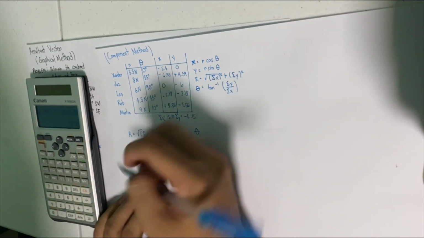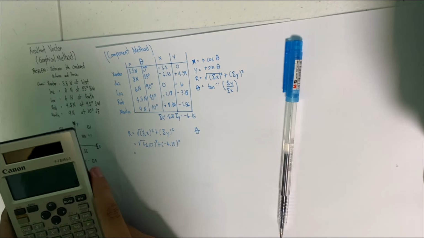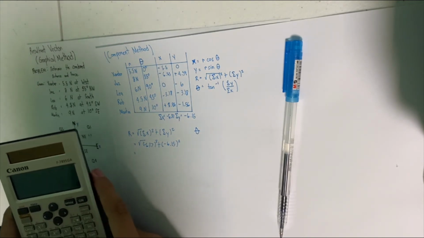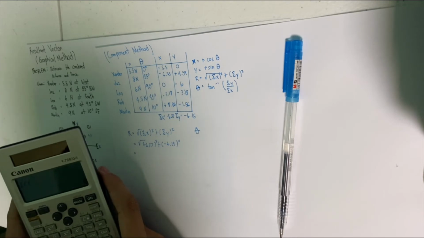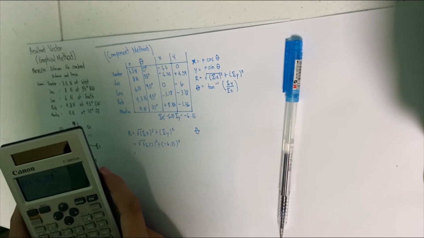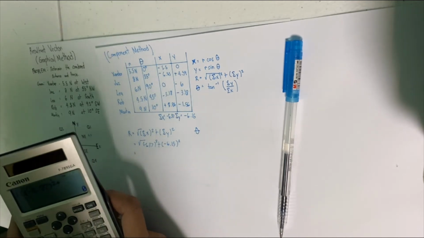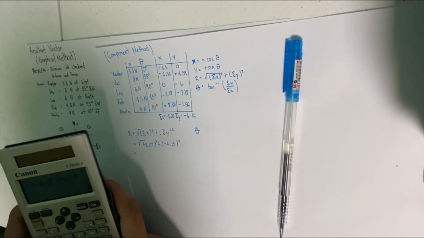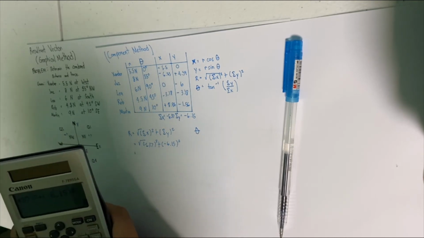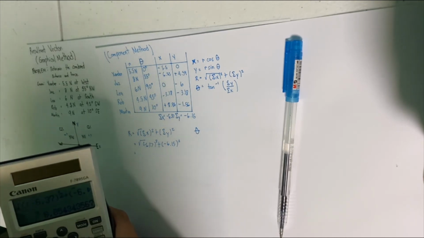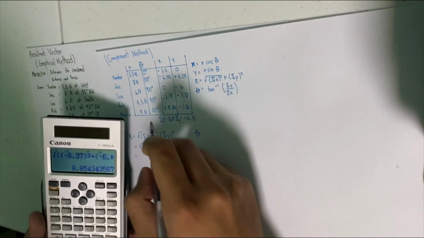So for that you can get the final answer of the resultant vector. The answer is 8.85.